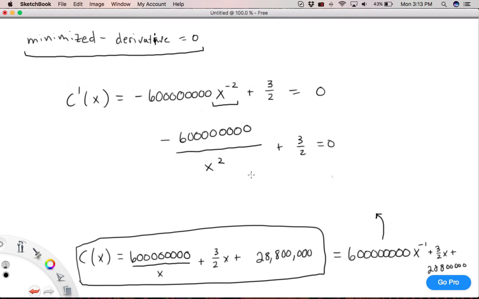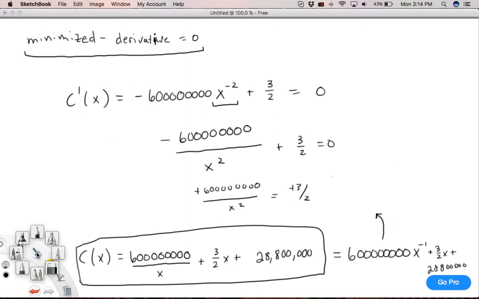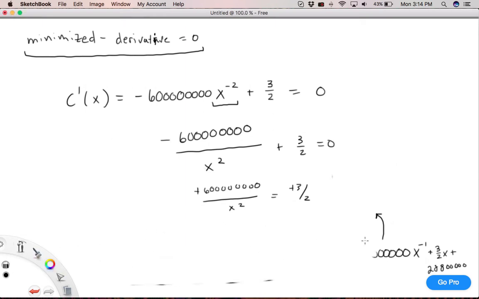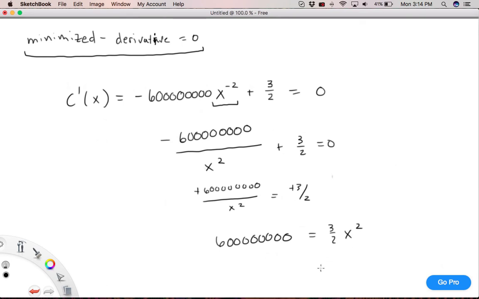Okay, then we subtract 3/2 from both sides. We can get rid of the negatives because they're both negative. We can multiply both sides now by x squared. We can multiply both sides now by 2/3.